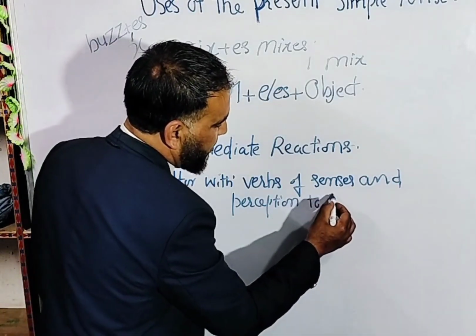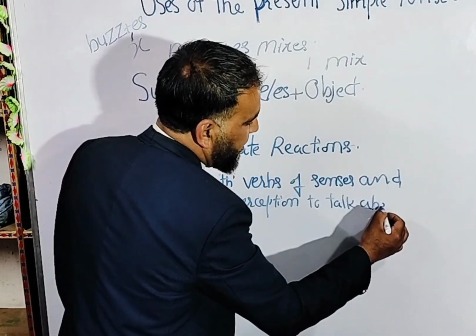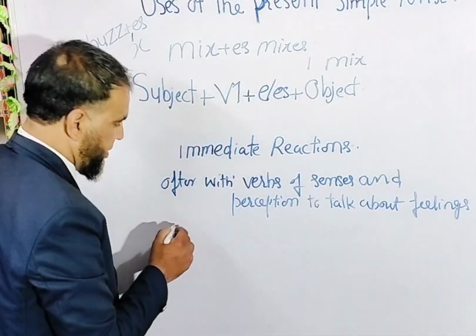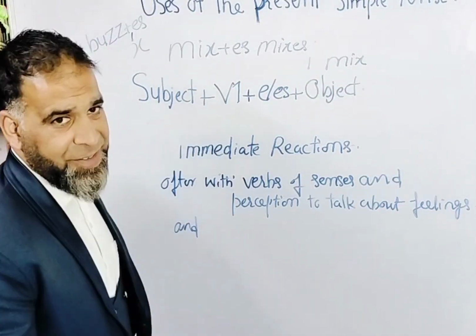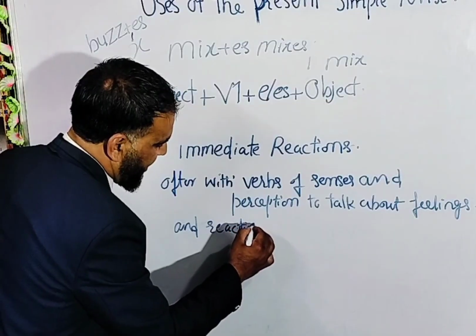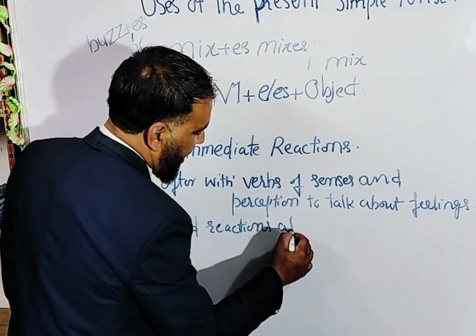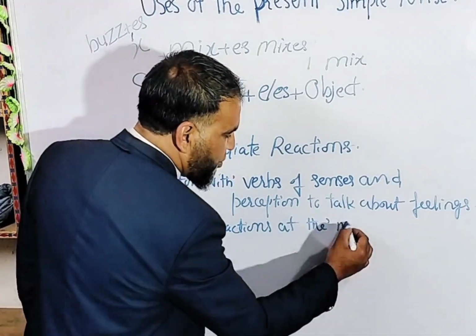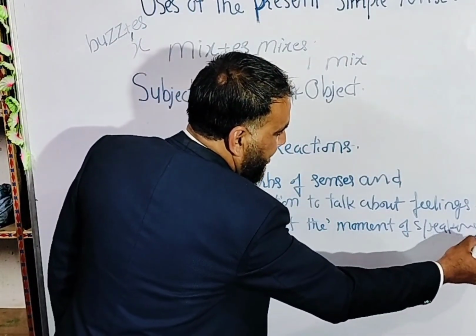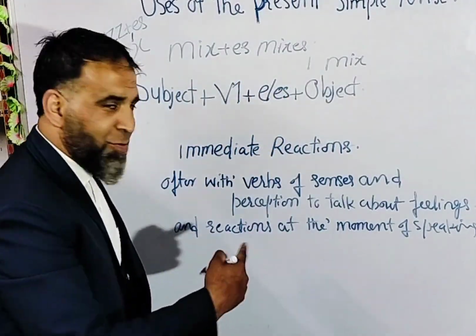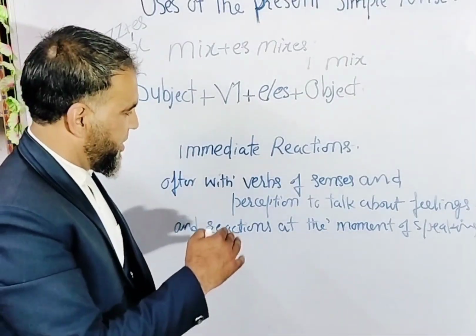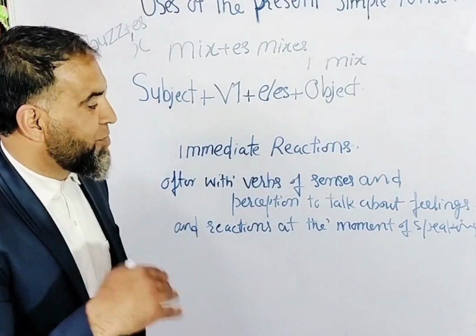We use the present simple tense, often with verbs of senses and perception, to talk about feelings and reactions at the moment of speaking.